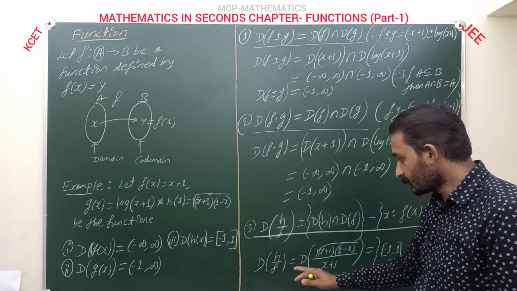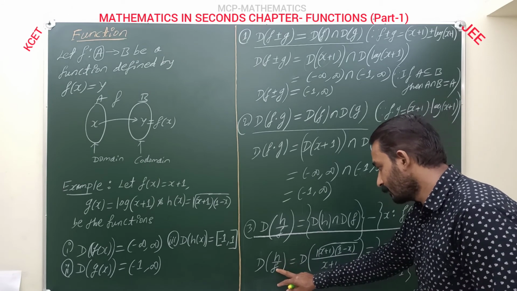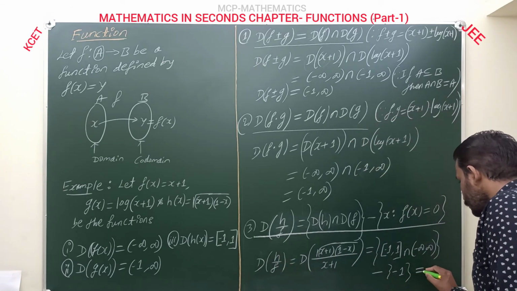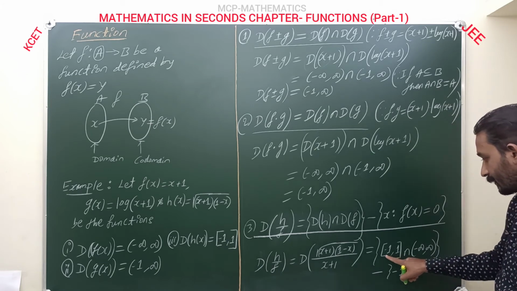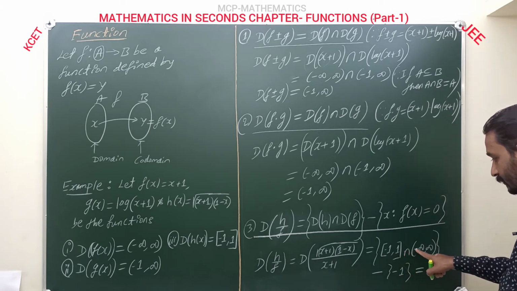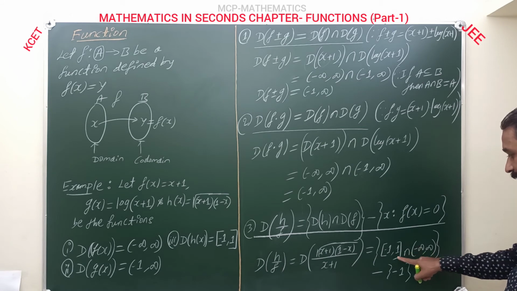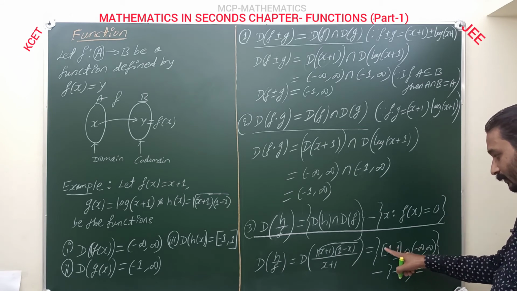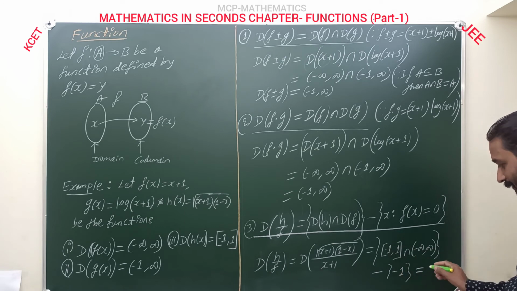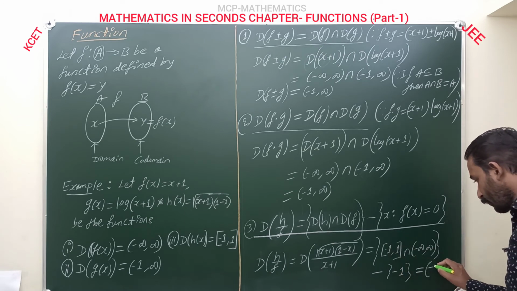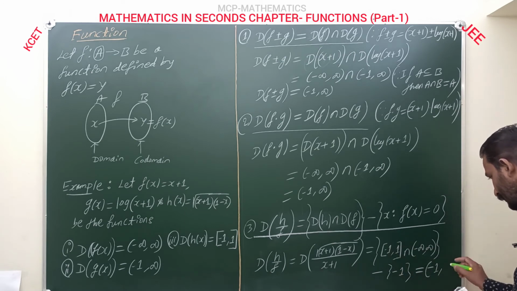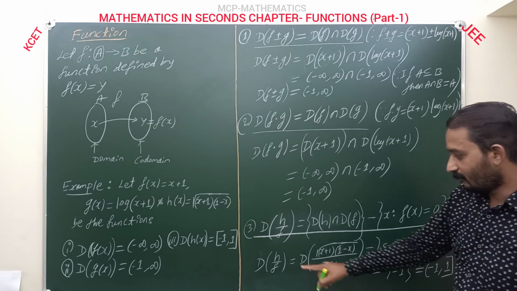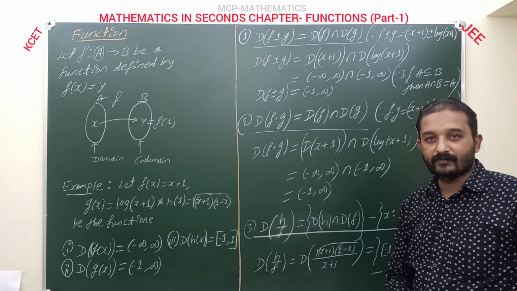So the domain of the rational function h by f is the closed interval minus 1 to plus 1 intersection minus infinity to plus infinity, which is a subset of this. We get minus 1 to plus 1, both included, but minus 1 is not there. It becomes semi-open, open at minus 1 and closed at plus 1. This is the domain of the rational function h by f in this case.